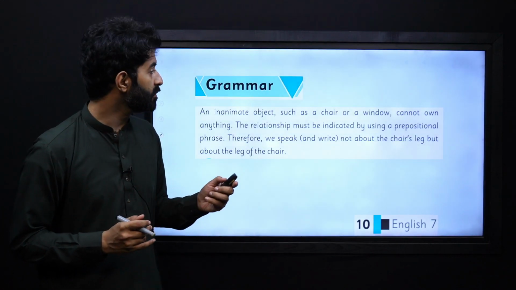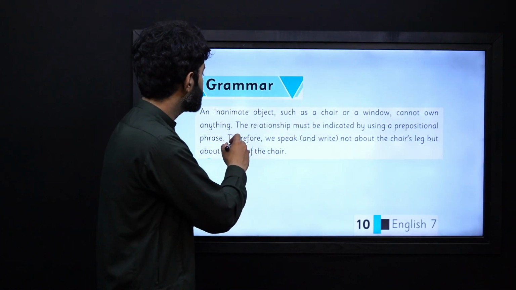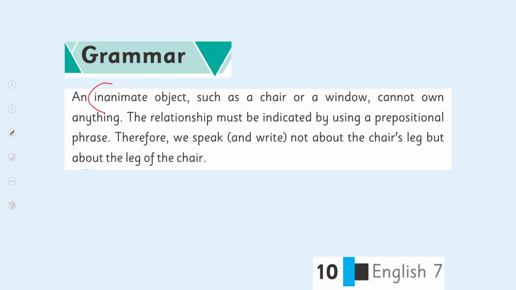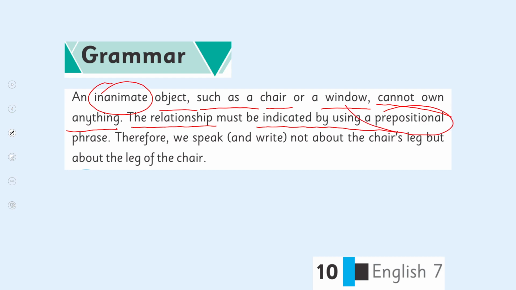Now let's talk about an inanimate object, non-living things, non-living objects. An inanimate object such as a chair or a window cannot own anything. The relationship must be indicated by using a prepositional phrase.